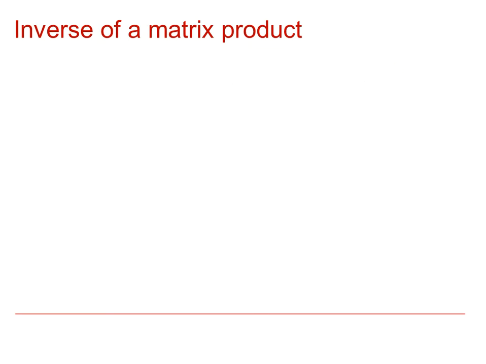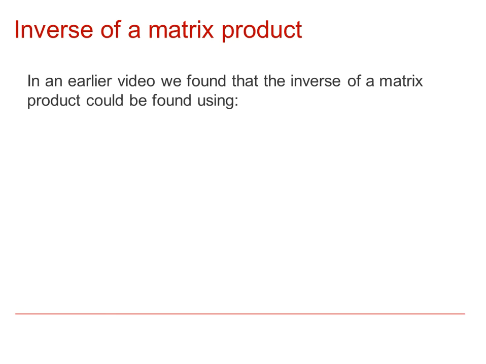What if we were to look at a matrix product? We've seen in a previous video that if we have a product AB and we want the inverse of that, then it is B inverse A inverse.